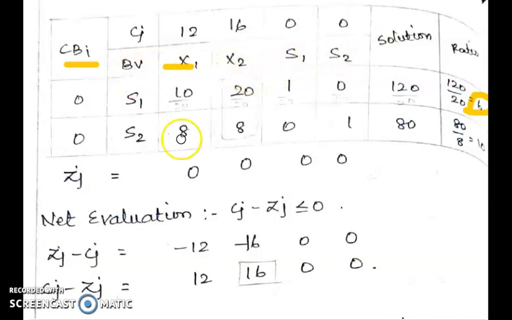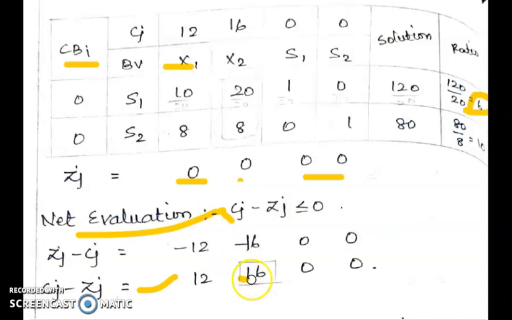For net evaluation there are two techniques: Cj minus Zj less than or equal to 0, or Zj minus Cj greater than or equal to 0. We can use either one, but here I use this technique. Zj means 0 into 10 plus 0 into 8, which is 0, and similarly 0 into 20 plus 0 into 8, 0.